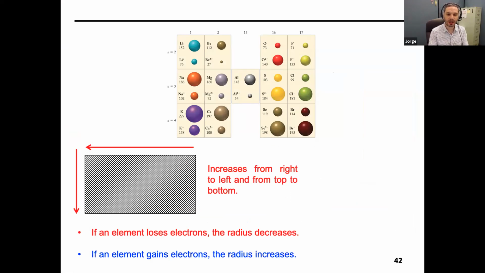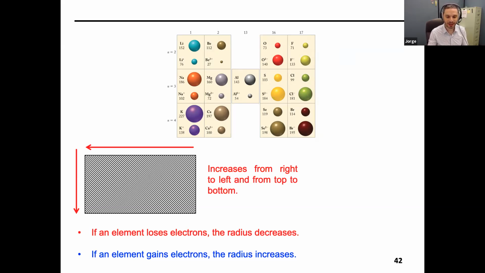So first, the trend for the radius: when we analyze the groups from top to bottom, there will be an increase in the atomic radius because we are adding extra shells as we move from top to the bottom of a group.